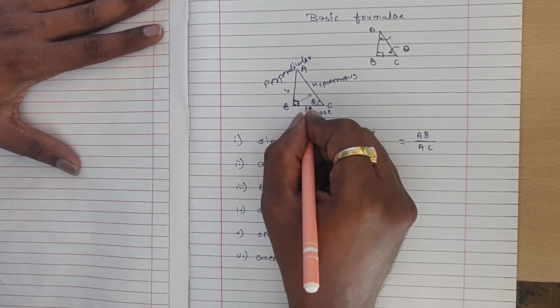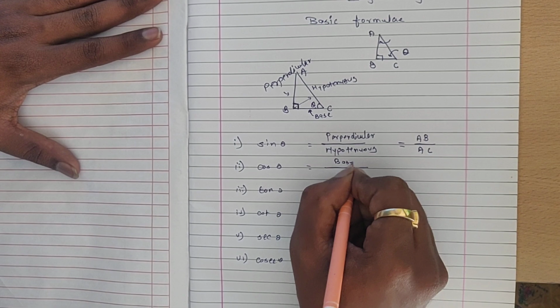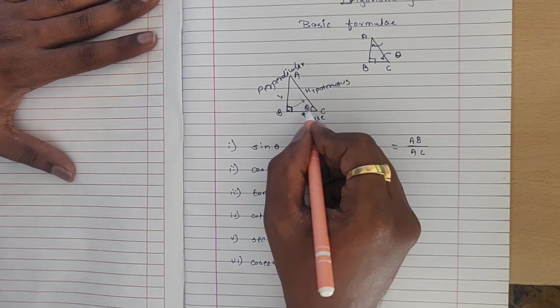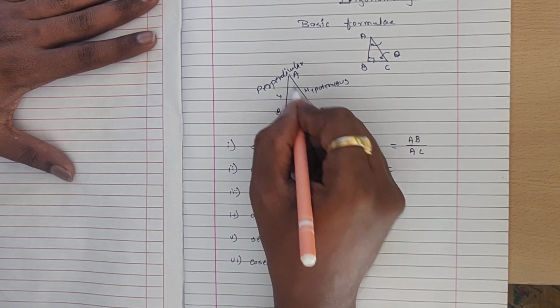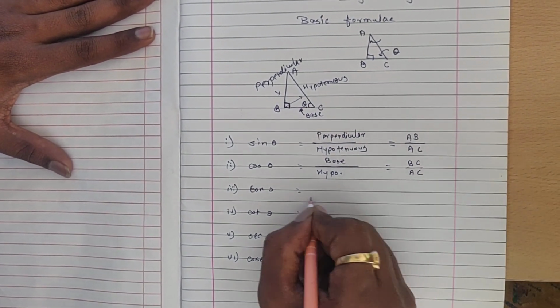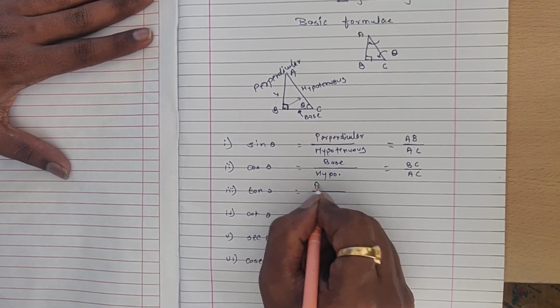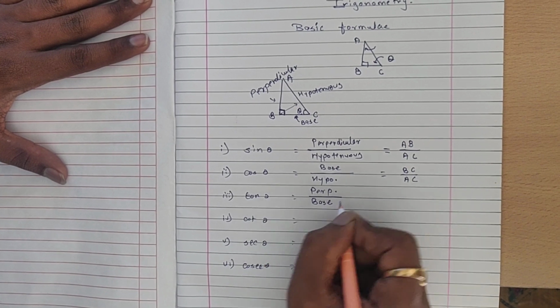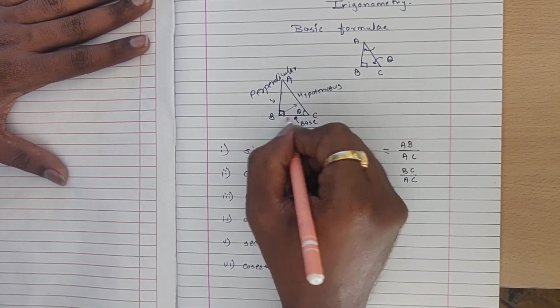For cos of theta, it is base upon hypotenuse. So here it is BC upon AC. BC is the base, AC is the hypotenuse. Tan of theta is perpendicular upon base. Therefore, it is AB by BC.